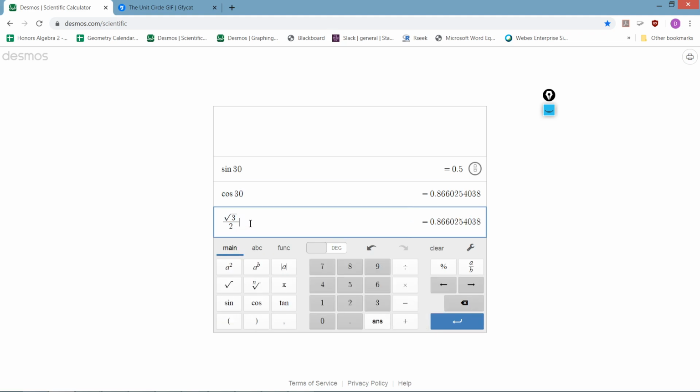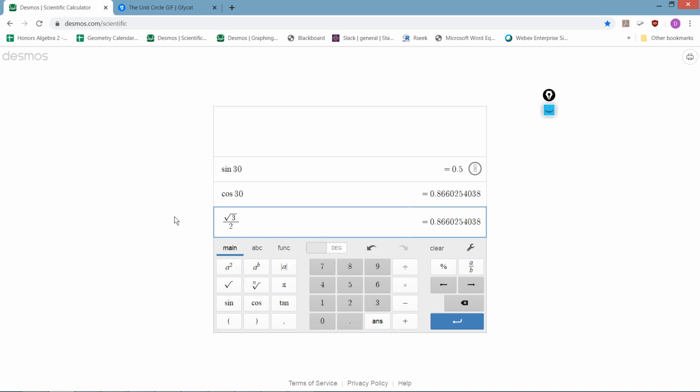Always checking radicals through your calculator is a really good idea.